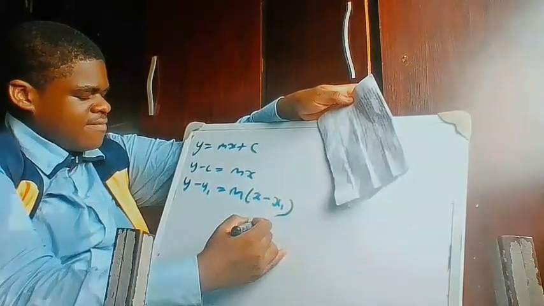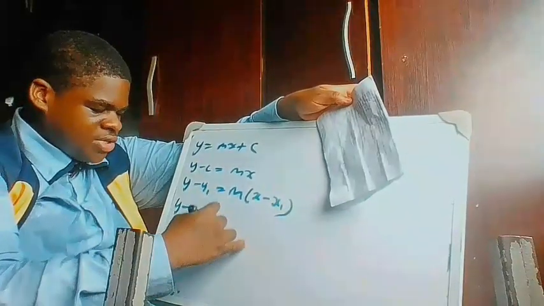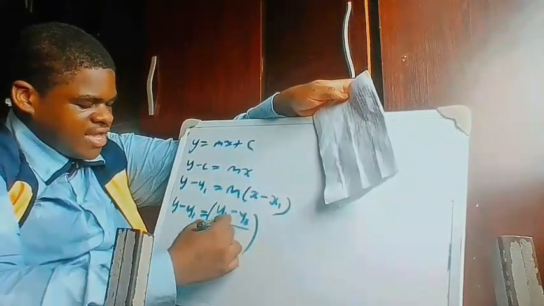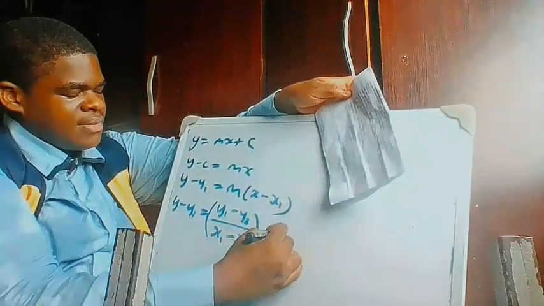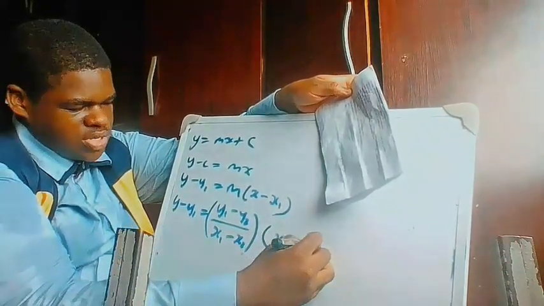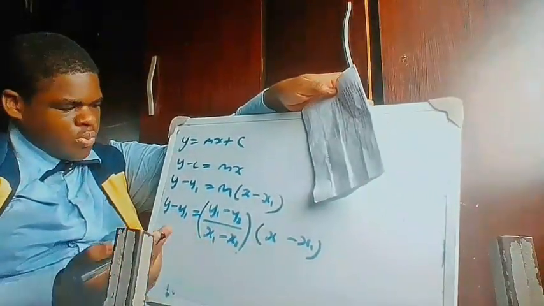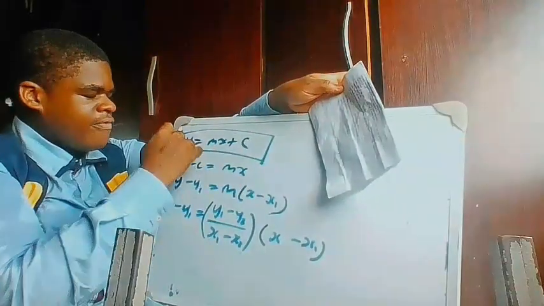What else can you get from here? You can get that y minus y1 is equal to our gradient, which is y2 minus y1 divided by x2 minus x1, times x minus x1. So these are basically ways of writing it.